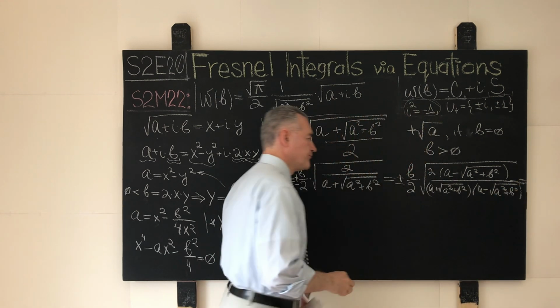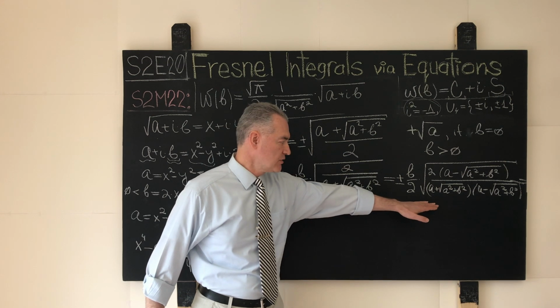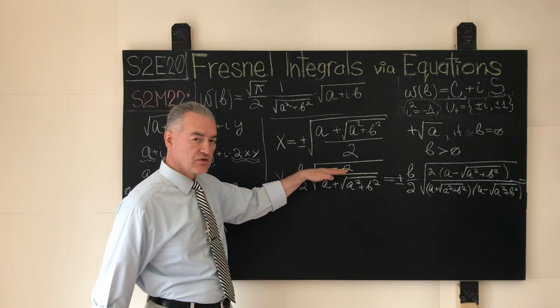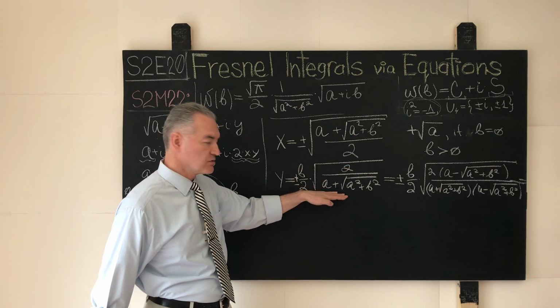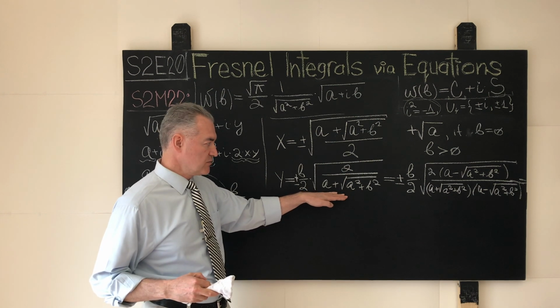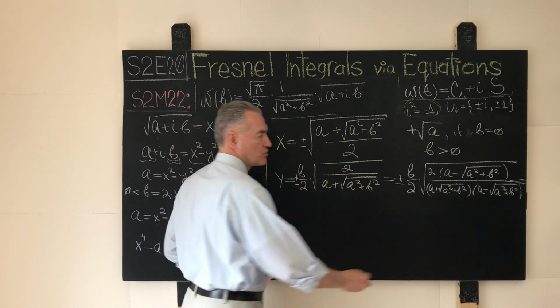And we'll continue on the left hand side of the board, but that maneuver should be understood by everyone. We simply took this fraction and multiplied the denominator and the numerator of that fraction by the conjugate image of what's in the denominator. And in this case, the conjugate image of the denominator is simply a minus the square root, as shown over here.